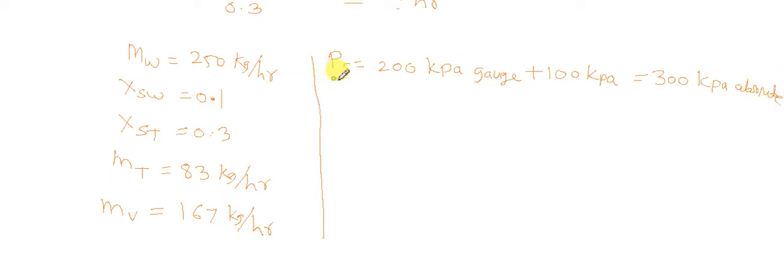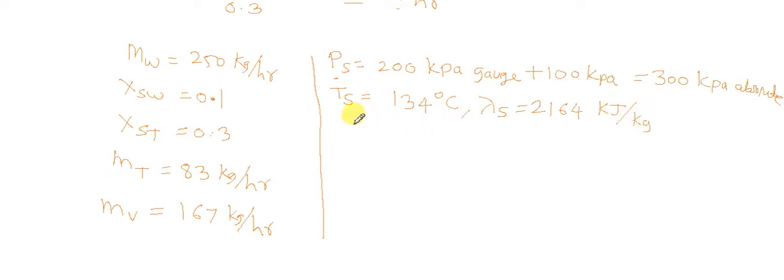For this pressure Ps, the temperature of steam is 134 degrees Celsius, and its latent heat lambda S is 2164 kilojoule per kg. This value is required by us.